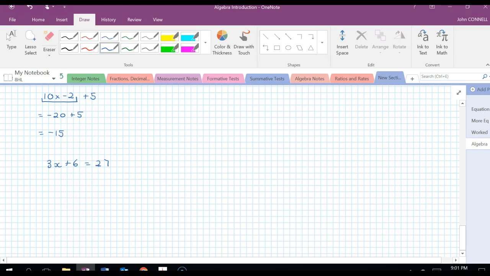Now, we want to find what x is the same as, and we know that 3 times x plus 6 gives me 27. So, in this equation we can say that if I start off with x, then I can see that I'd first multiply it by 3, and then I'd add 6, and that gives me 27.